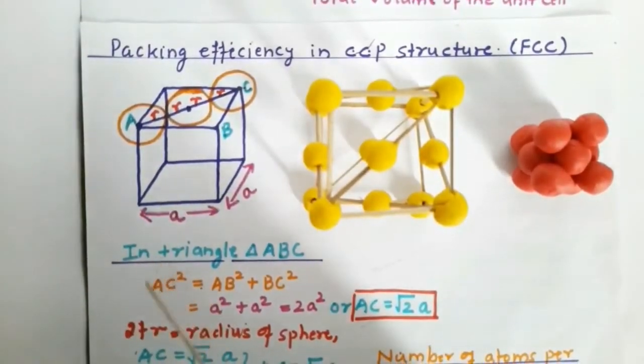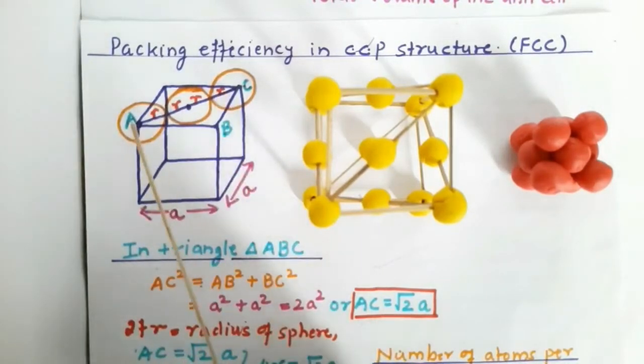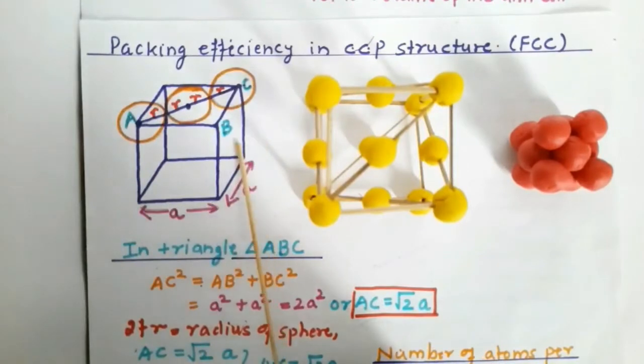Now, in this figure, let us take this triangle ABC. This is a cubic unit cell where all the 3 edge lengths A, B and C are equal to each other, and they are equal to a, where a represents the edge length.